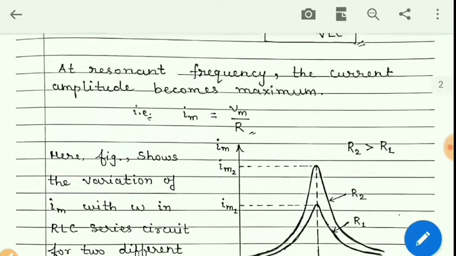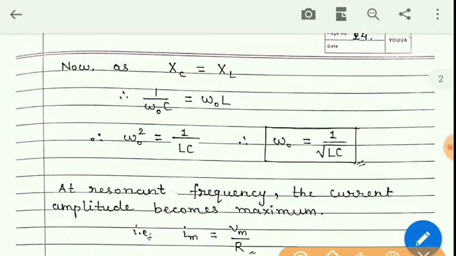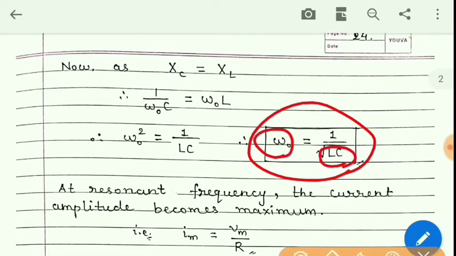Once again, look at this formula. Frequency depends on both L and C, and that's why if you simply change the value of L, you can change the frequency.